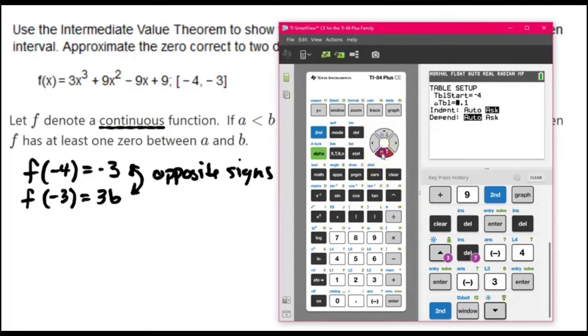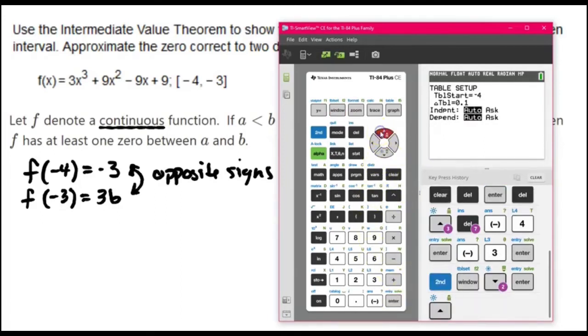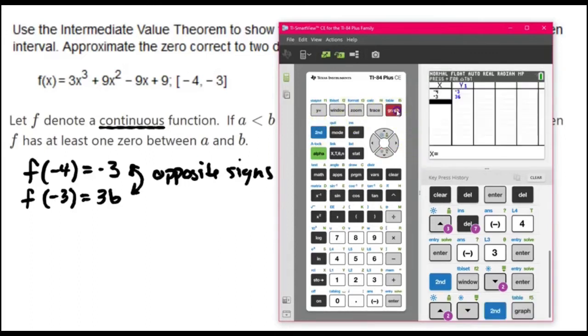I want to start my table at -4 because that's my smaller x value, and I want my change in the table values to be 0.1. That means that it will auto increment up by 0.1. So let's take a look at what the table looks like.